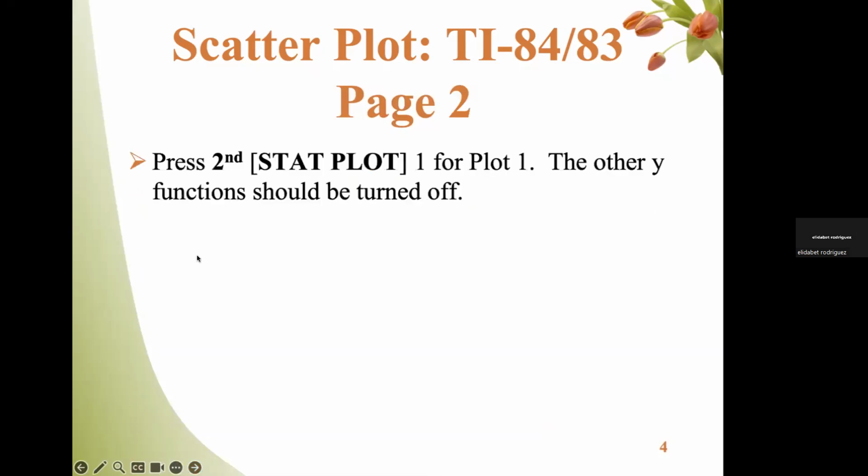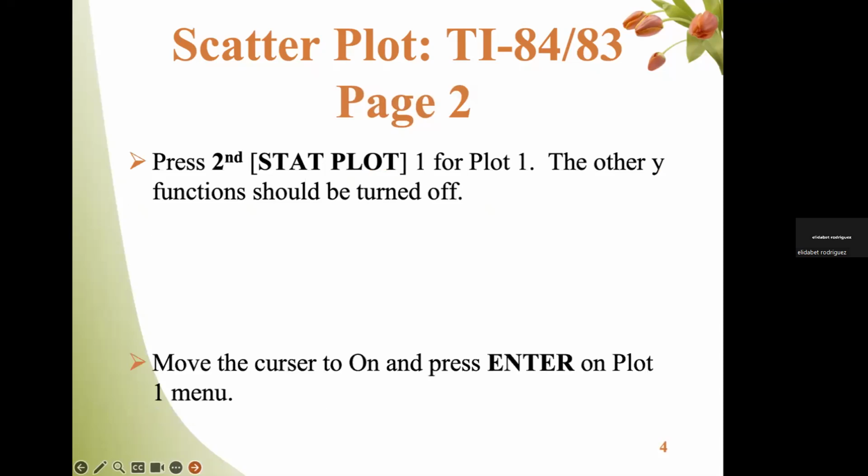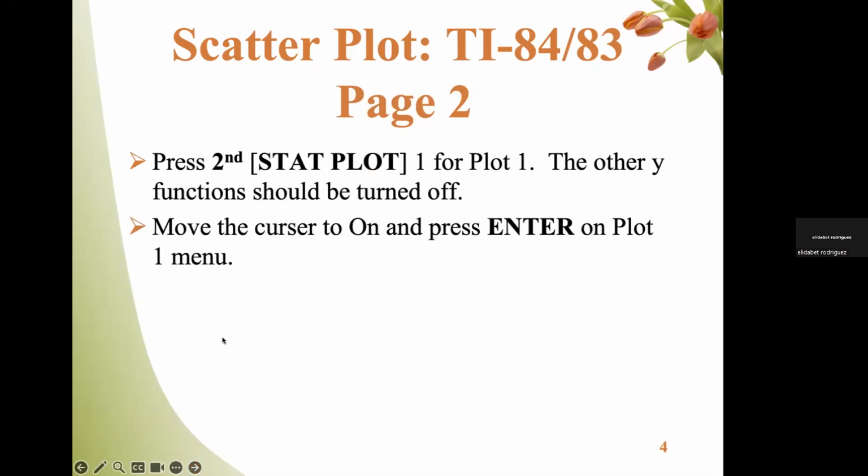Okay, then you're going to press second stat plot, and you're going to choose plot number 1. And the other plots are going to be off. Then you're going to move the cursor to On, and you're going to press enter for plot number 1.